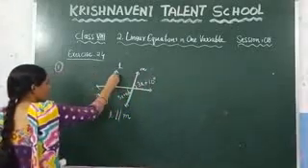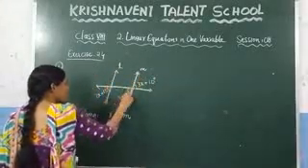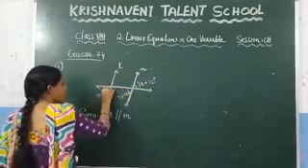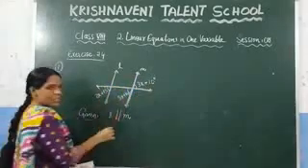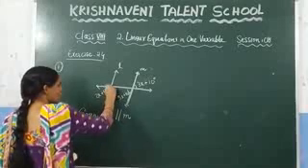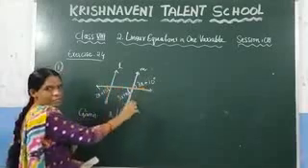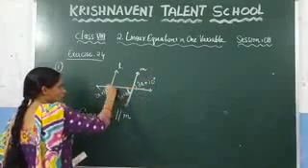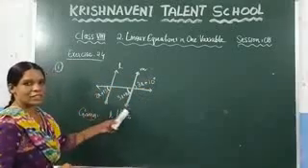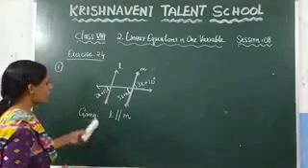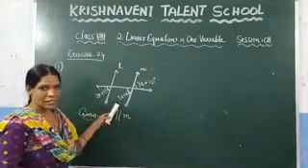Here they have given these two angles, and the lines are parallel. This is the transversal, and these two angles are lying on the same side of the transversal, one interior and the other exterior. So these two are corresponding angles, and corresponding angles are equal.